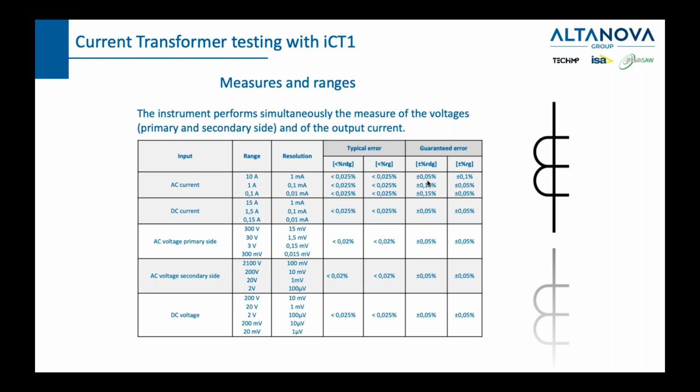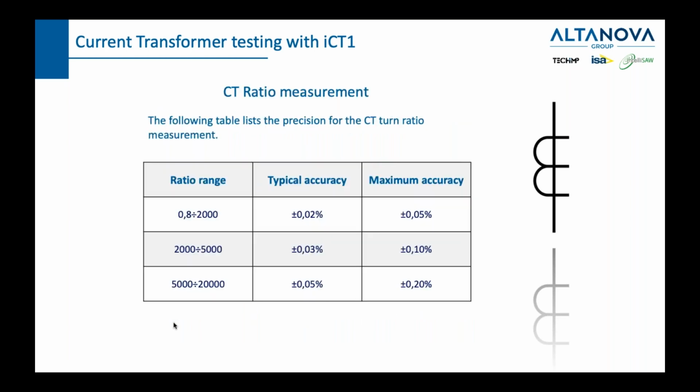So very, very high accuracies for the AC current, DC current, AC voltage primary and secondary side. This would be the measurement, and the DC voltage. So then we have, let's say, the measurement of complex values, which by complex values I mean ratio measurement. For ratio measurement, we have to be accurate in generating voltage and in measuring voltage.